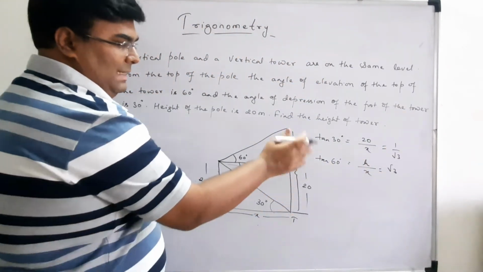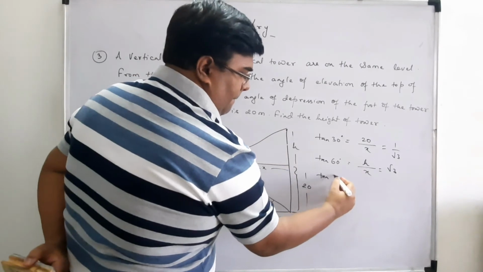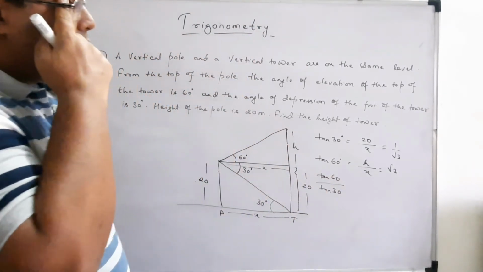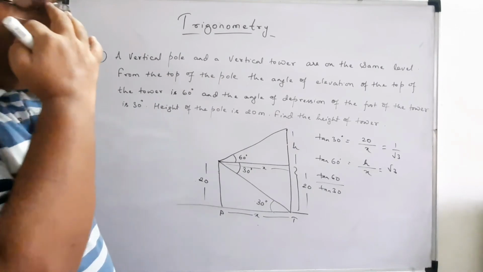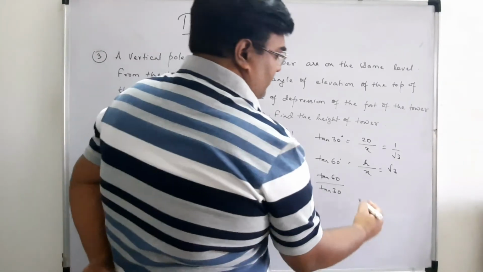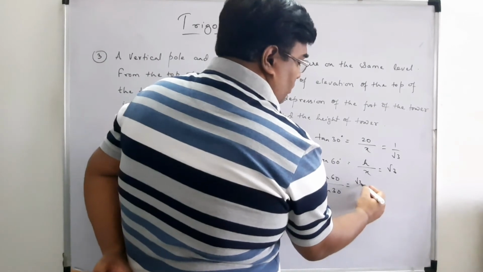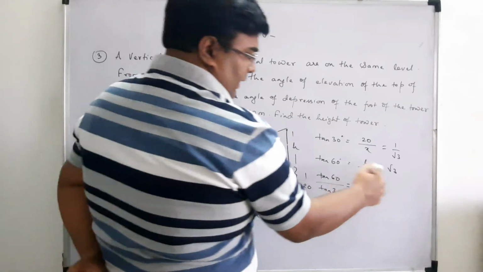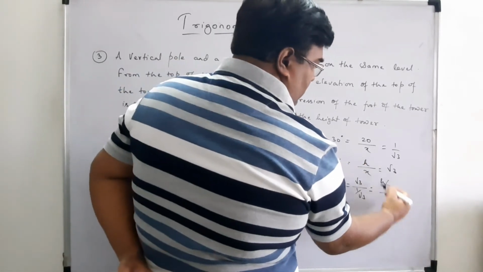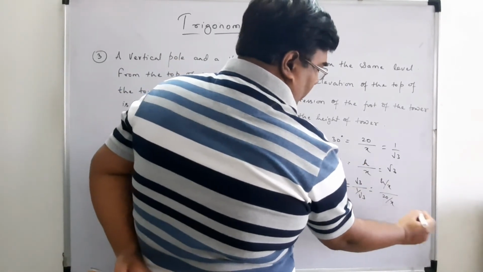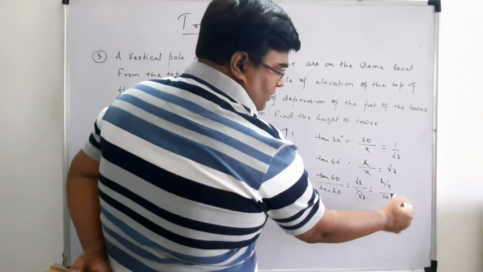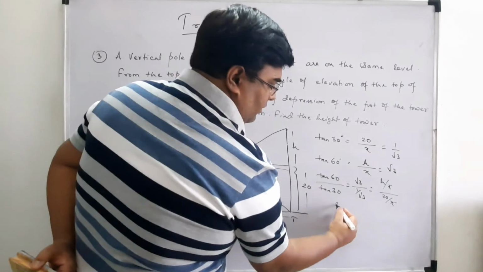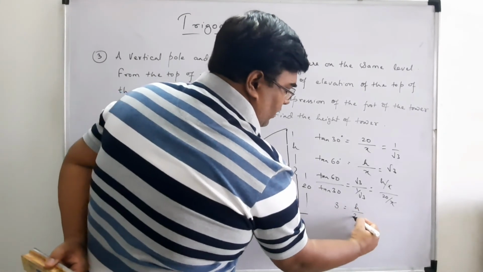So by dividing tan 60 upon tan 30, we don't need to calculate the value of x now. Why? Because it will also get cancelled. It is root 3 upon 1 by root 3, and expression wise tan 60 is h by x, tan 30 is 20 by x. So this x is also cancelled. So we have here 3 is equal to h by 20.